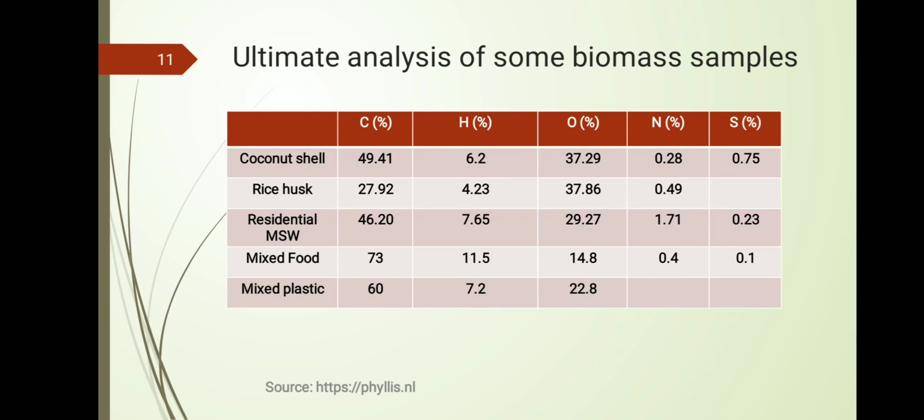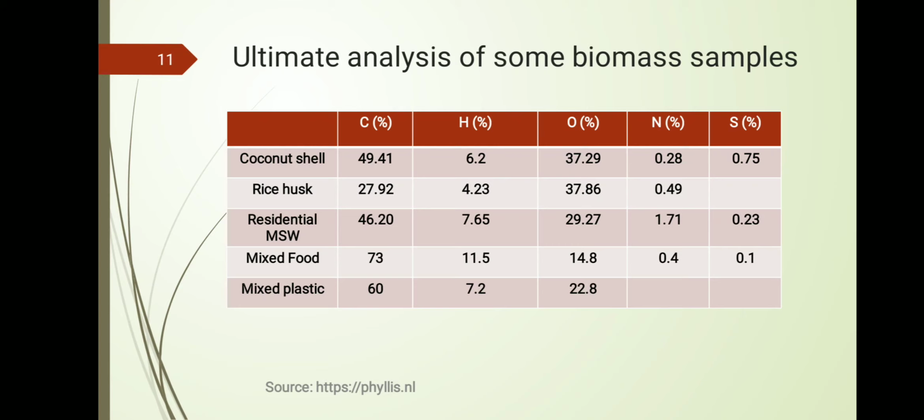We can neglect that, because the nitrogen and sulfur content will be mostly less than 1 in most cases. And in rice husk, you can see the carbon content is not that high compared to coconut shell. Its carbon content is only 27.9, and the rest is due to ash. So beside this we have ash also.